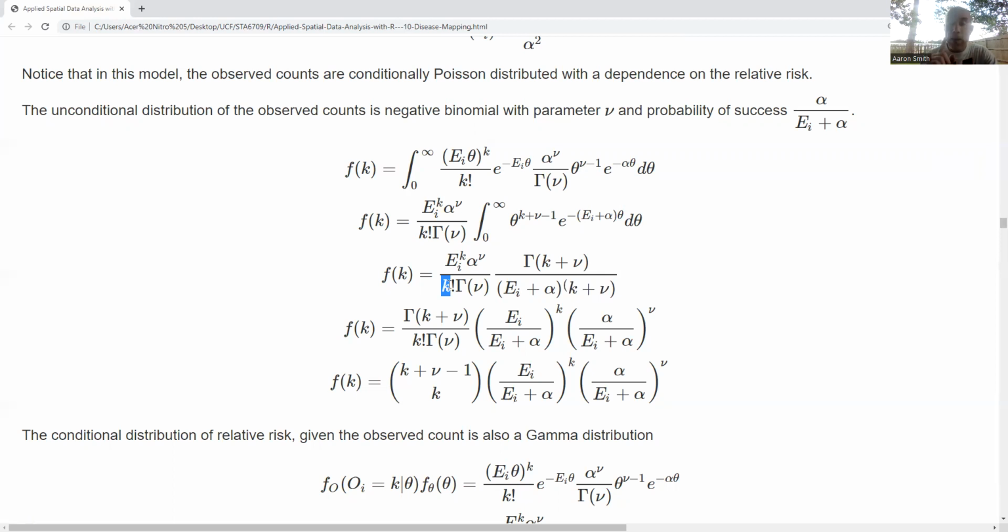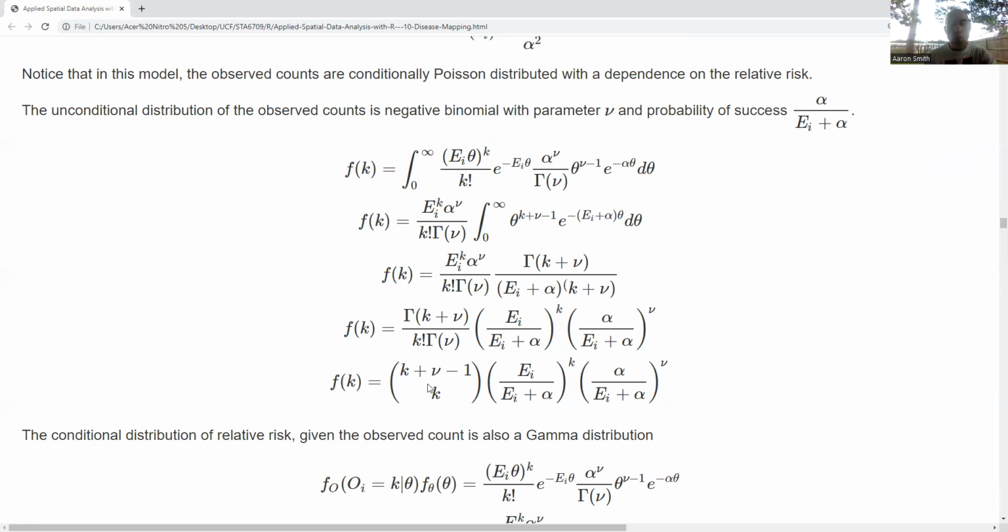Remember that there is a relationship between the gamma function and factorials. So I look at this and I realize that this is in fact a binomial coefficient. Boom, I've got it. Easy peasy, lemon squeezy.